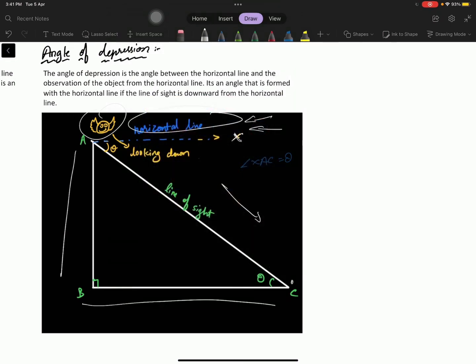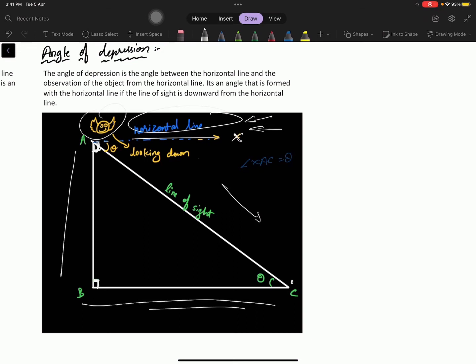But how will you use it in a triangle? Angle BAX is 90 degrees, and also angle ABC is 90 degrees, because it is a right angle triangle and the horizontal line will be perpendicular to the height of the tower. Since these two are 90, the lines will be parallel, right?